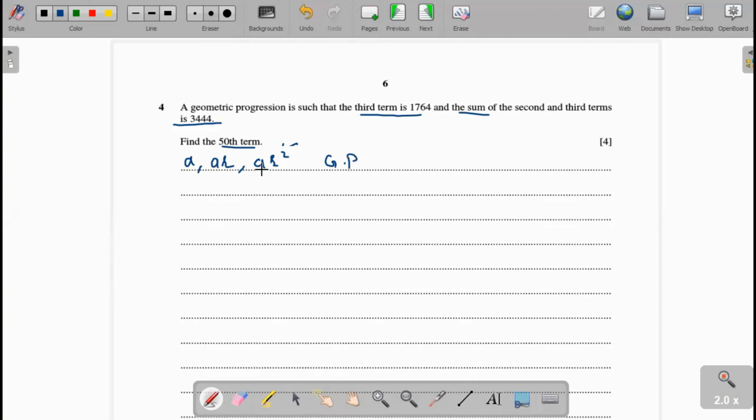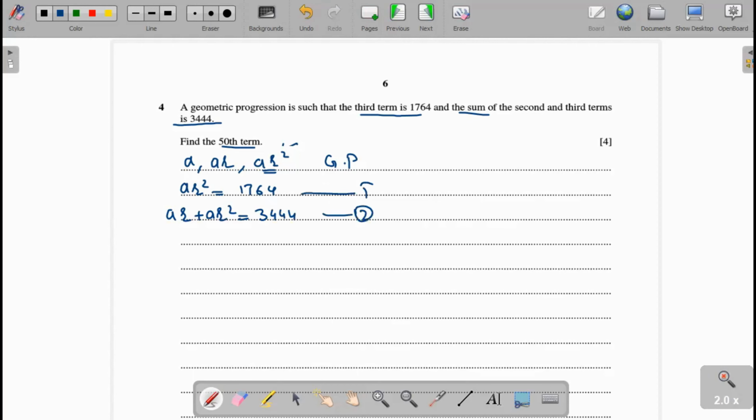The third term is ar² = 1764, and the sum of the second and third terms, ar + ar², equals 3444.